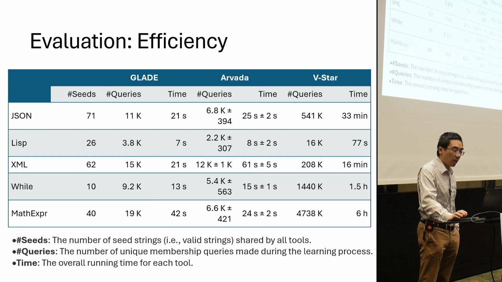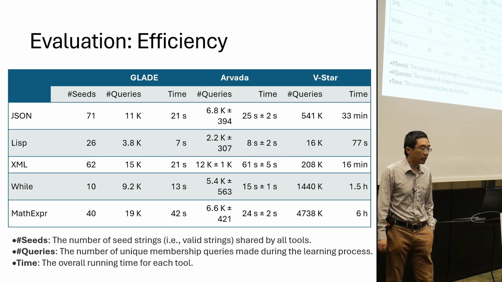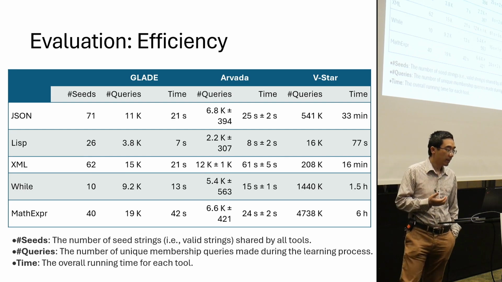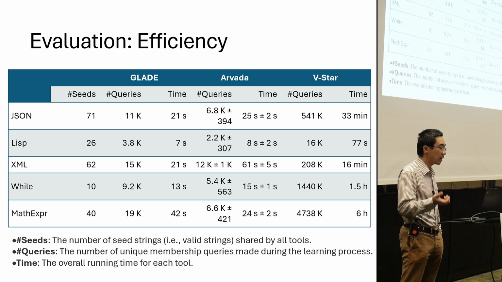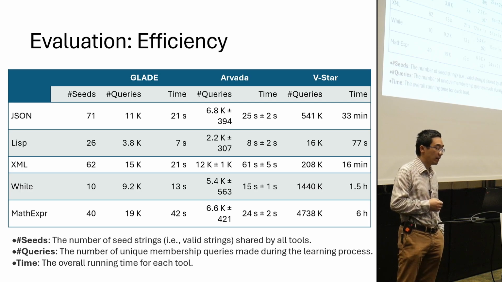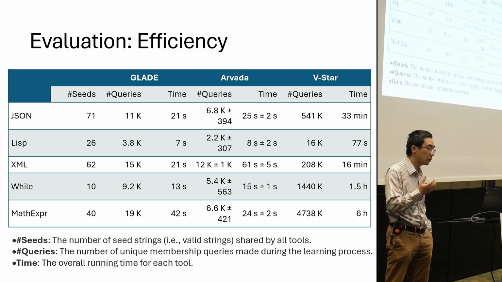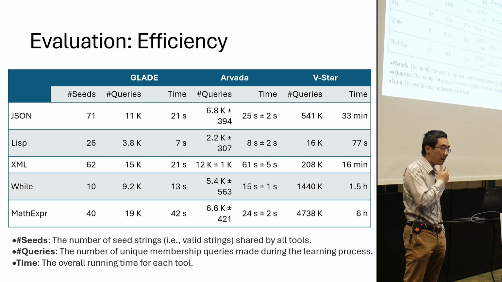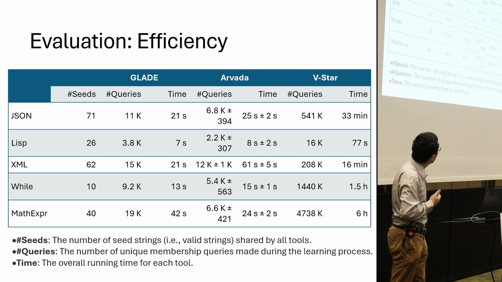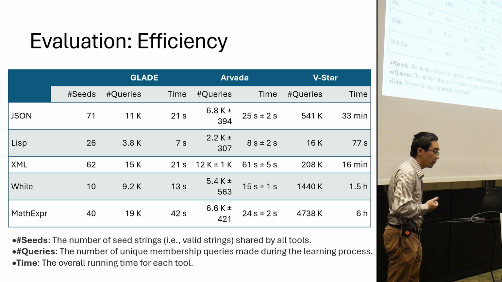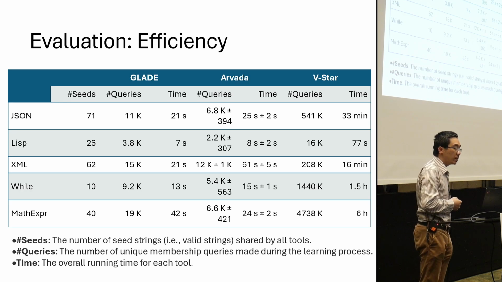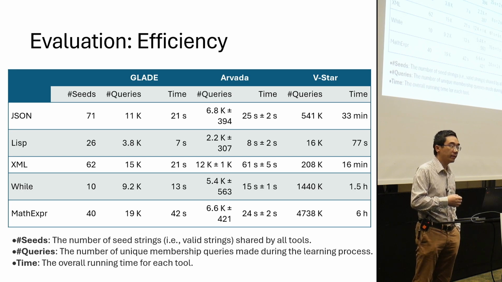Okay, so this table compares the efficiency between V-Star and Glade and Arvada in terms of the number of membership queries and the total time. As you can see, V-Star actually takes a lot more queries and time for the learning. The major reason is that in V-Star we approximate equivalence queries using membership queries, so that takes a lot of membership queries to finish.